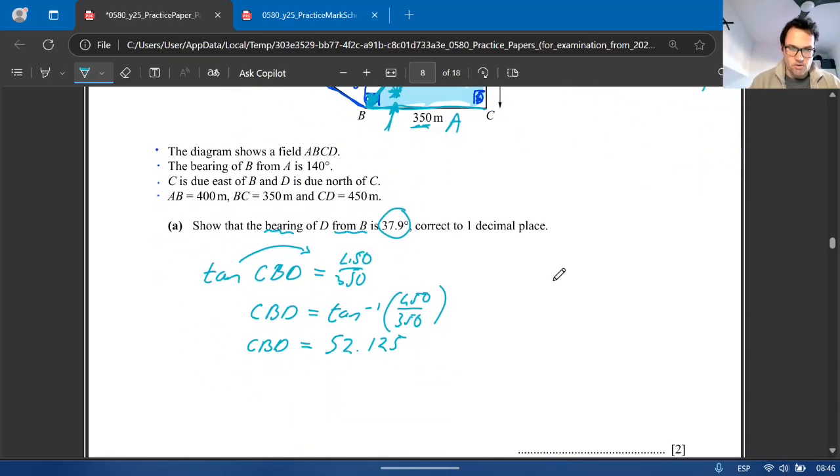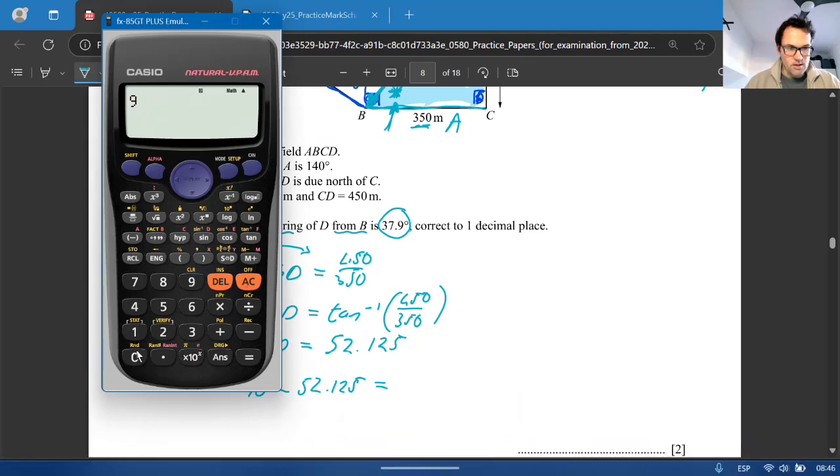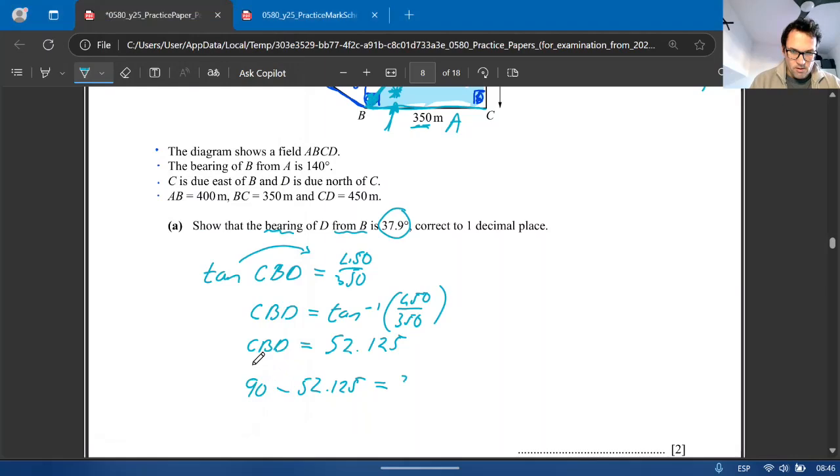So what we need to do is 90 degrees minus 52.125. So let's do 90 minus previous answer, and we get 37.874. Very important now, we need to show that it rounds correctly to one decimal place. So we need to show more digits, and then we round it to 37.9. Brilliant, that's exactly what we wanted.